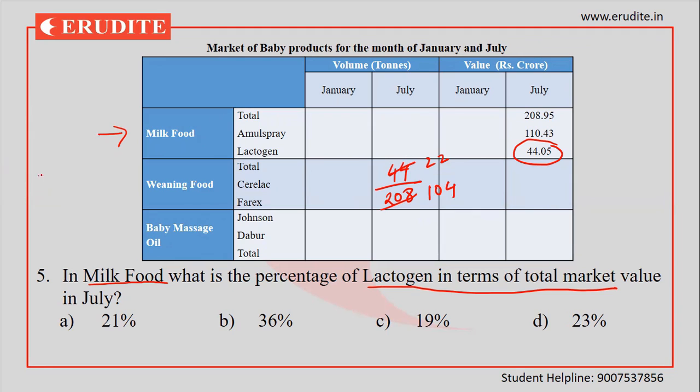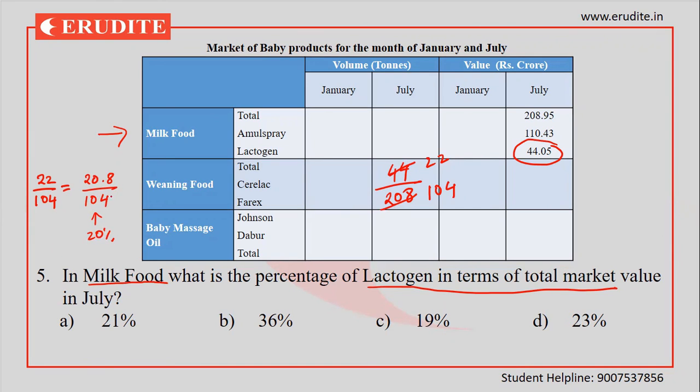Let us try to do 22 by 104. I am writing 104. 10% of 104 is 10.4. If I take double of 10.4, because 20%, it should come as 20.8 by 104. It is actually 20%.